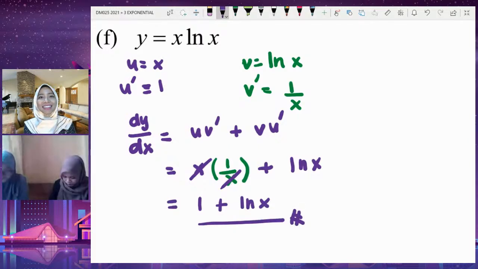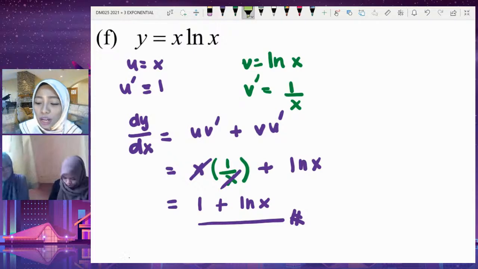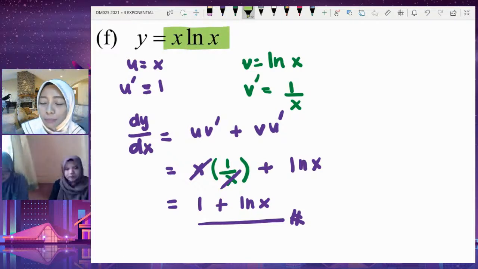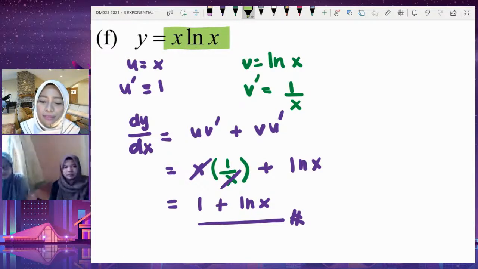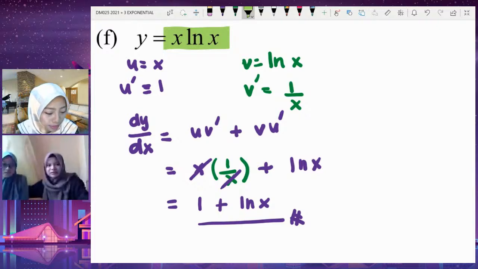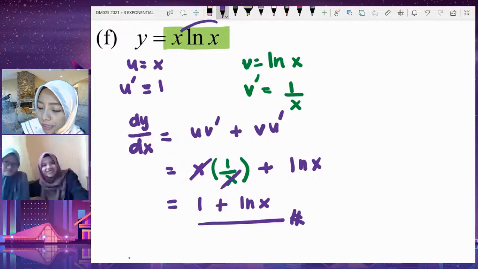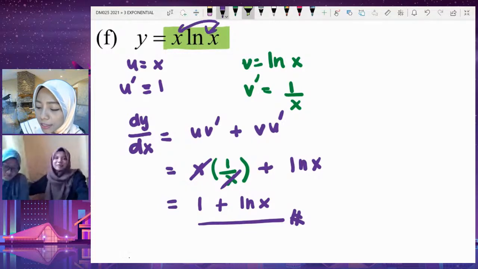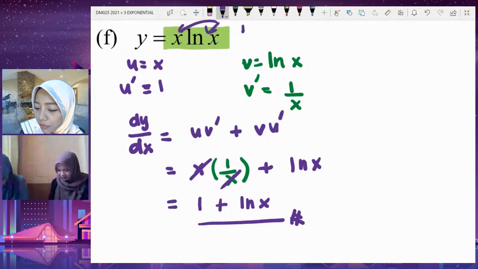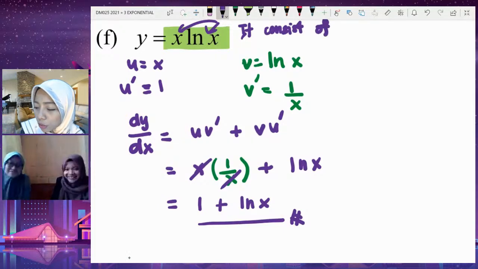Ta-da! Okay. So why do we call this a product rule once again sayang? Kenapa? Adina dan Shu? Because there is two function. Yes, because it consists of two function.